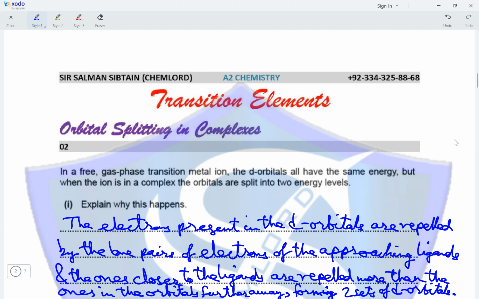So that is how the splitting of d orbitals occurs when the ligands approach the central transition metal ion.